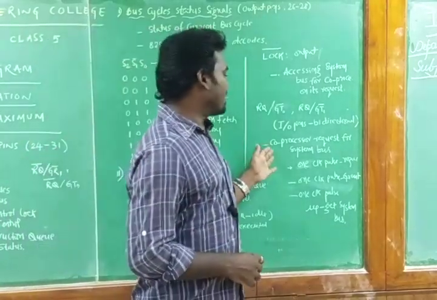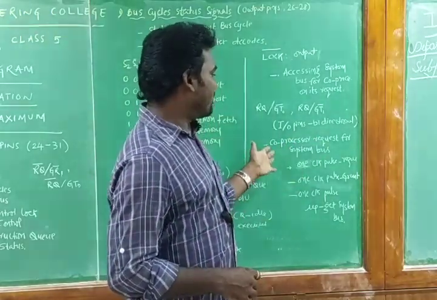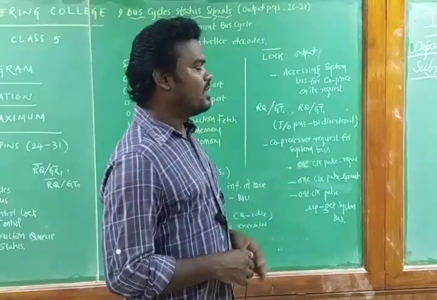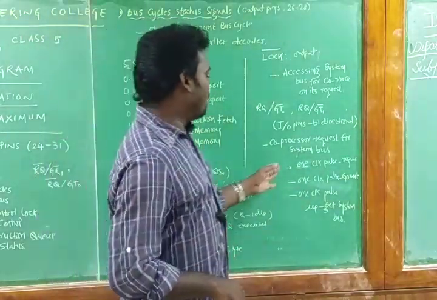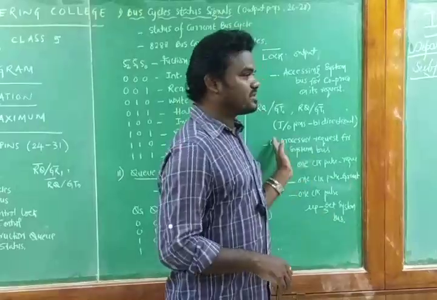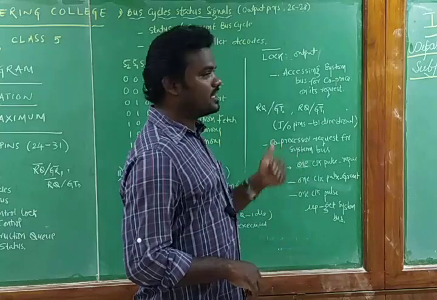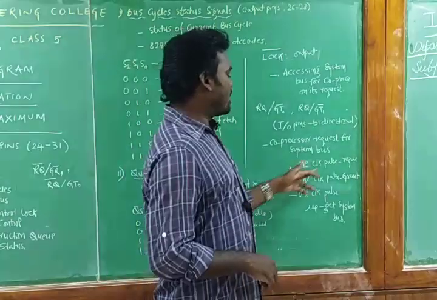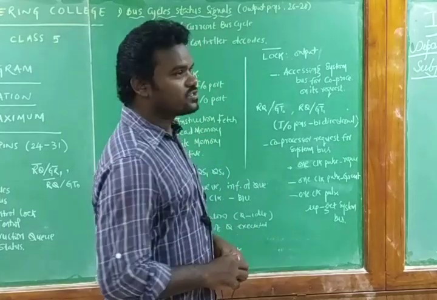The coprocessor requests the system bus of the microprocessor, so that based on this request, the microprocessor is going to share the system bus. In one clock pulse, the coprocessor requests the processor to share the system bus. In another clock pulse, the processor gives the permission to use that system bus.